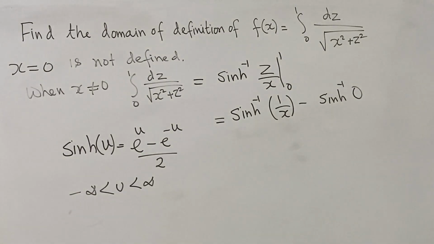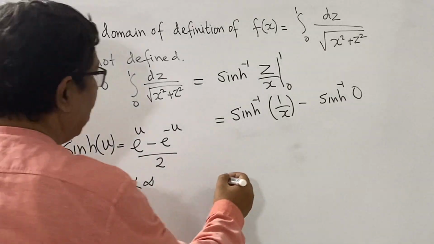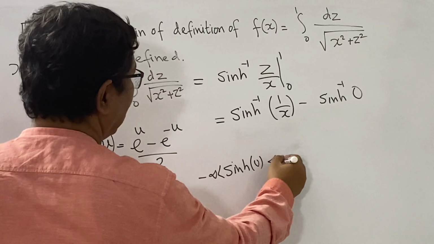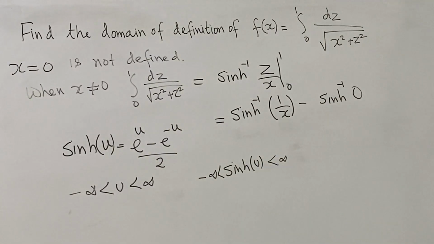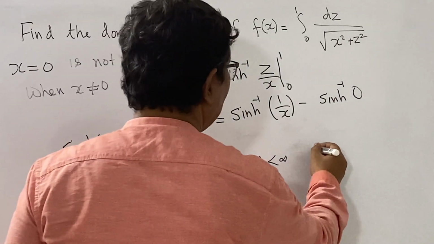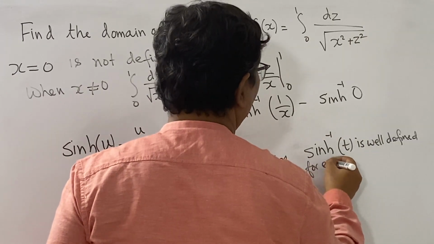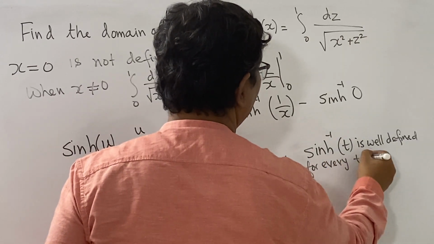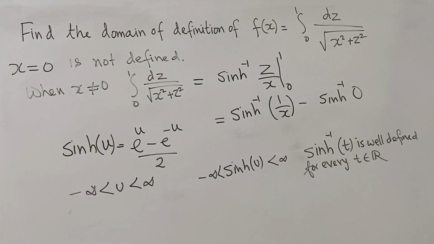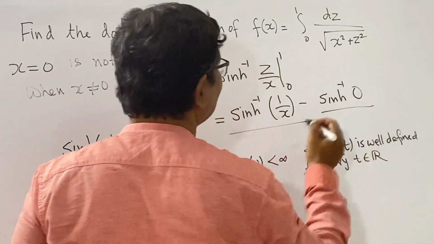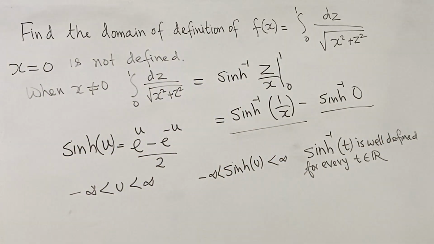As u varies between minus infinity to plus infinity, sinh u also varies between minus infinity to plus infinity. So sinh u is a 1-1 function and it has an inverse. So sinh inverse t is well defined for every t belonging to R, and therefore both of these quantities, sinh inverse of 1 by x and sinh inverse of 0, are well defined.